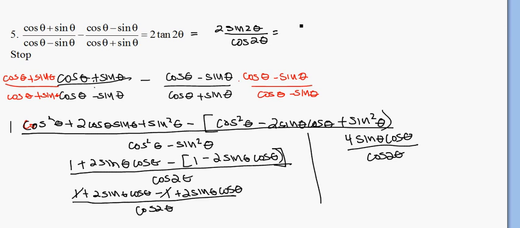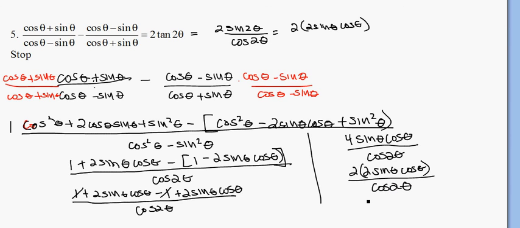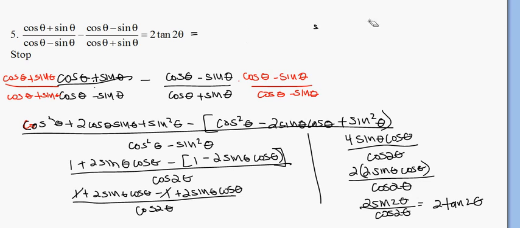Hopefully you notice that this numerator up here is 2 times 2 sine theta cosine theta. So really this is 4, which is what we have here. I'm going to write 4 as 2 times 2 sine theta cosine theta all over cosine 2 theta. So this is 2 sine 2 theta all over cosine 2 theta, which is equal to 2 tan 2 theta. Again, just so I don't get in trouble for working on both sides of the equal sign, that's gone.